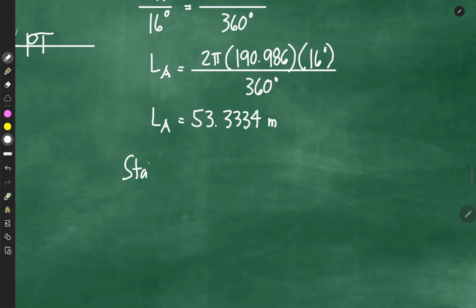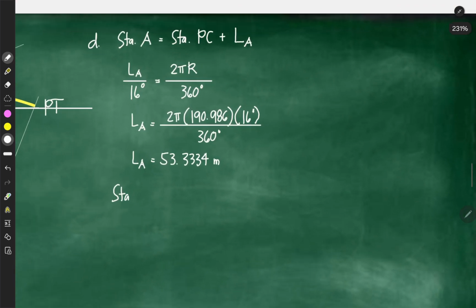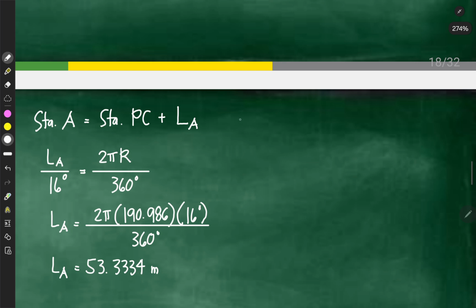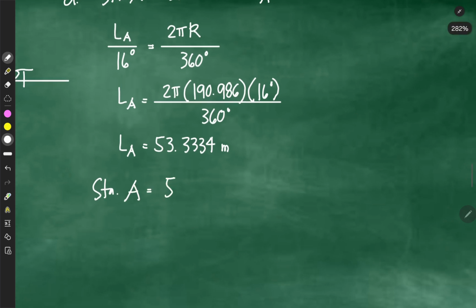So therefore, we can now solve for the stationing of point A. The station of point A is equivalent now to 50,160, from the given 50 plus 160, plus 53.3334.